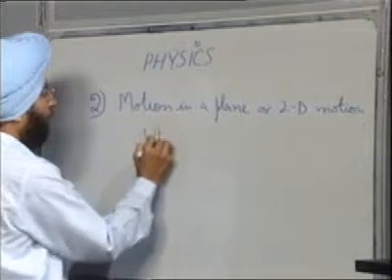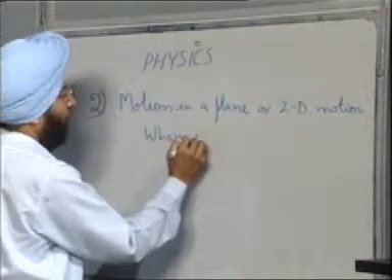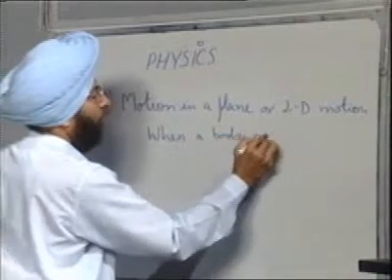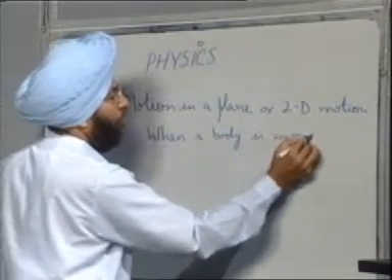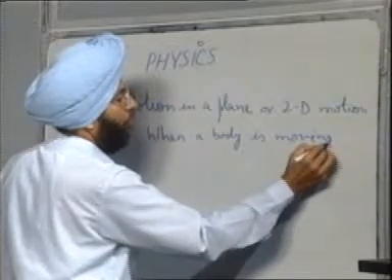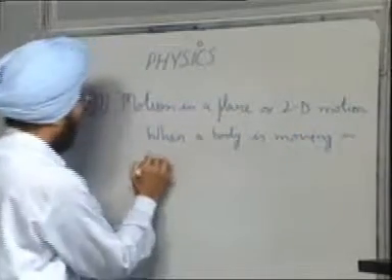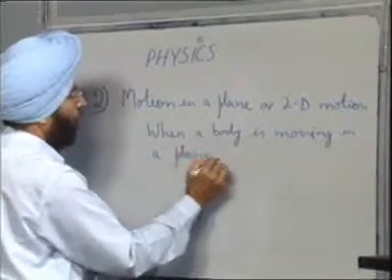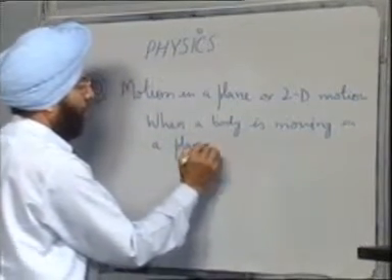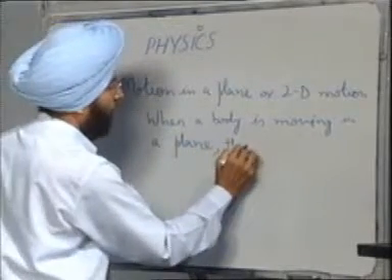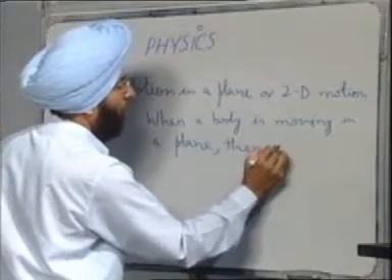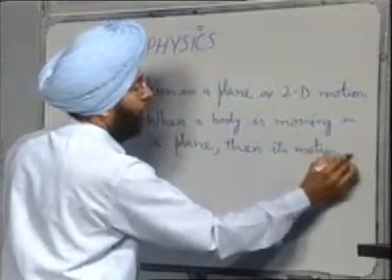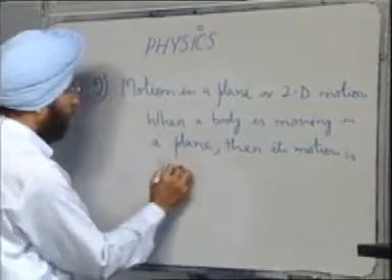When a body is moving in a plane, then its motion is called two-dimensional motion.